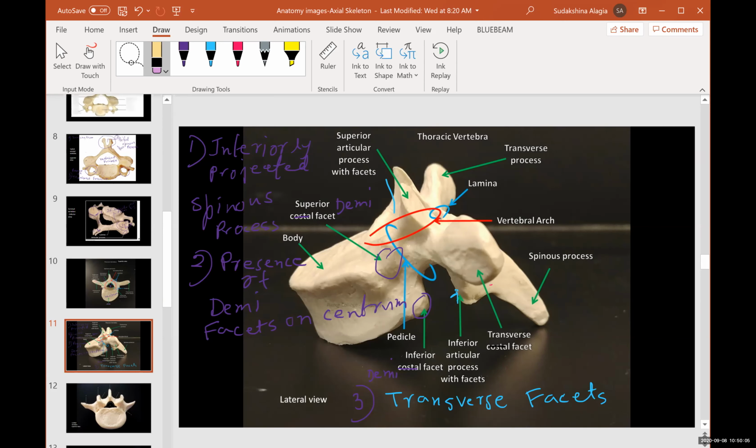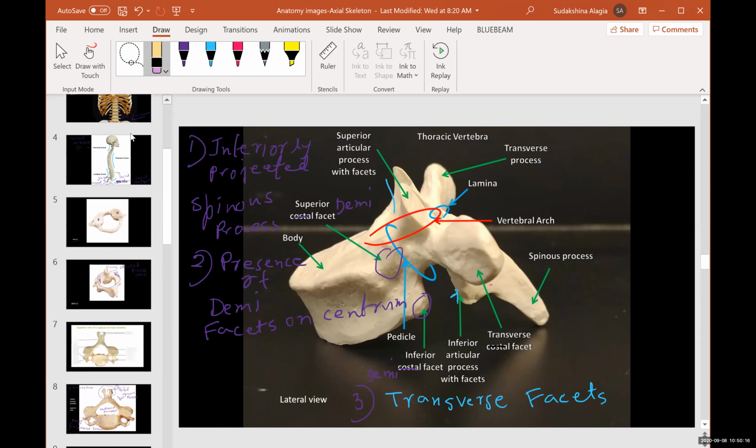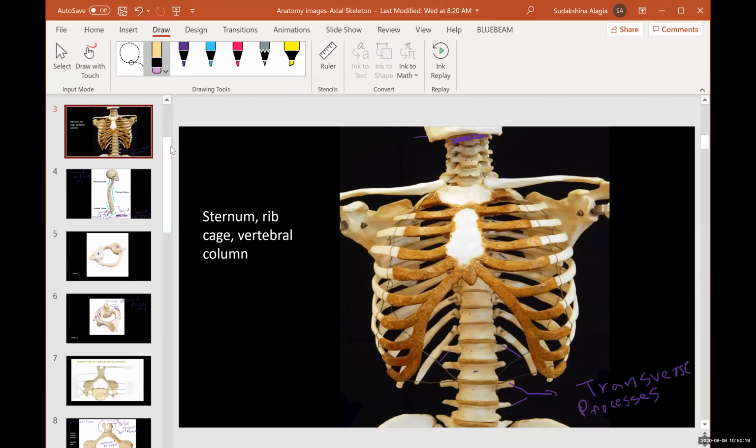Basically, the way the rib will go, let's look at the vertebral column here. The rib cage actually will give us some idea. Look at the back. See that? So basically the ribs attach to the demifacet, then on the transverse facet. I won't say attach, but it rests on those facets, and then the rib cage turns anteriorly and attaches to the sternum.